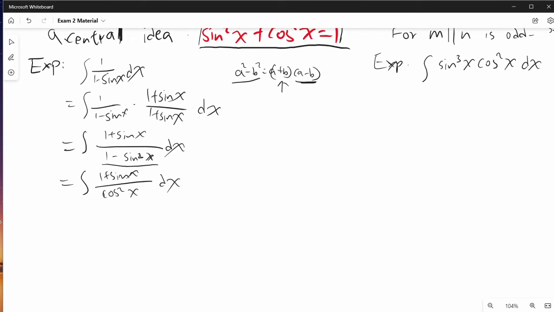Right, and then I can split the top part into two fractions. So the integral of 1 over cosine squared x plus the integral of sine x over cosine squared x dx. Right, this is secant squared x.